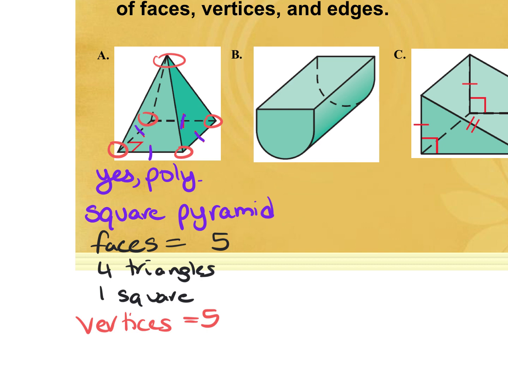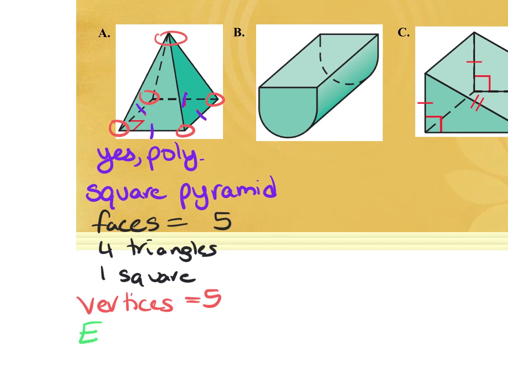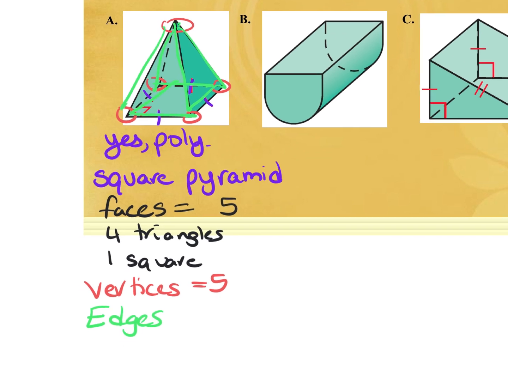And then lastly, the edges. My edges go down 1, 2, 3, 4, 5, 6, 7, 8. So I have the 4 around the square base, plus the 4 going up to that top vertex. So I have a total of 8 edges.